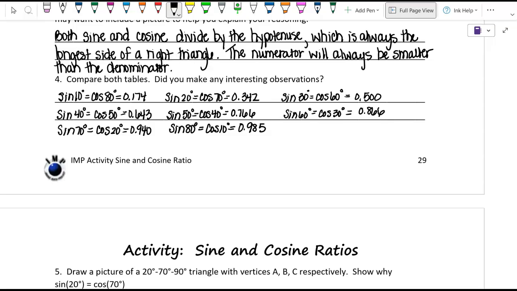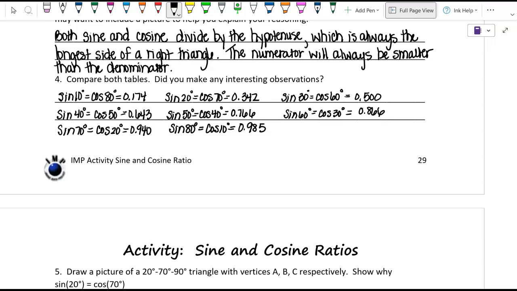I've got 10 and 80, 20 and 70, 30 and 60, 40 and 50, 50 and 40, 60 and 30, 70 and 20, 80 and 10. What is 10 plus 80? 90.